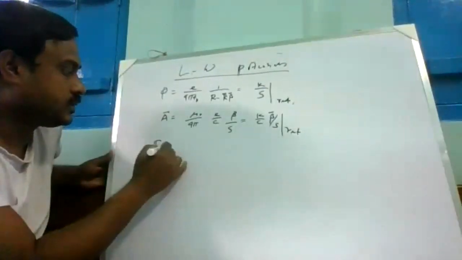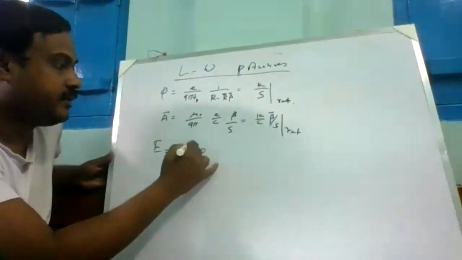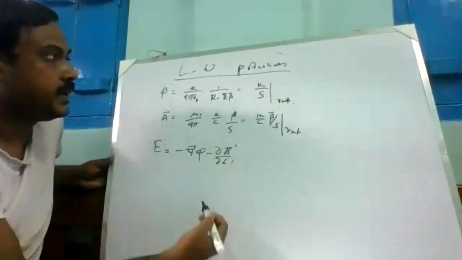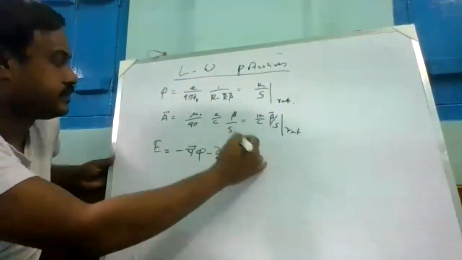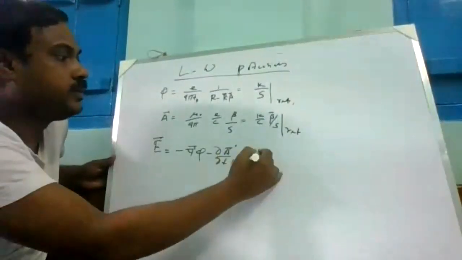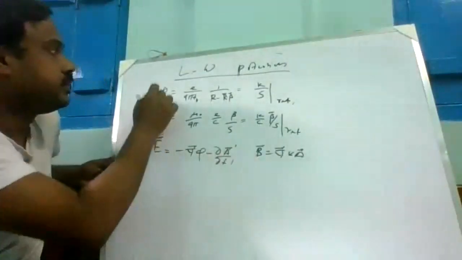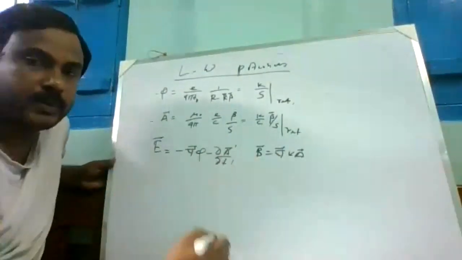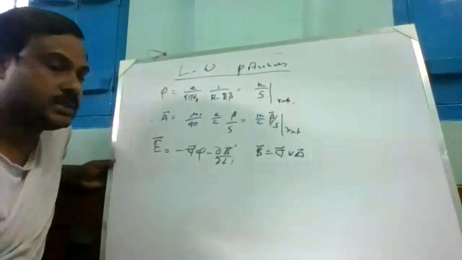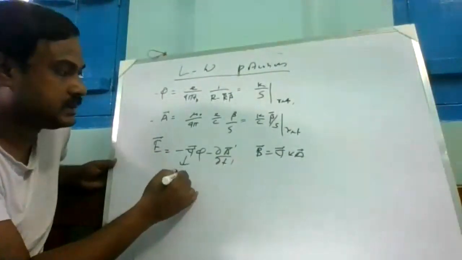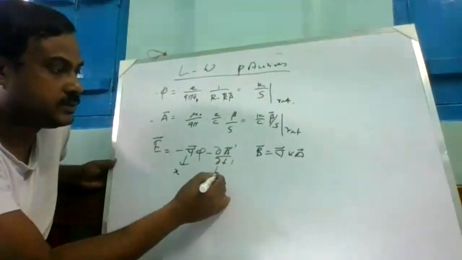Now you know E equals minus grad phi minus del A del t, and B equals del cross A. So you know phi, you know A, you can evaluate it. But one thing is that this differentiation is with respect to x and this is with respect to t.